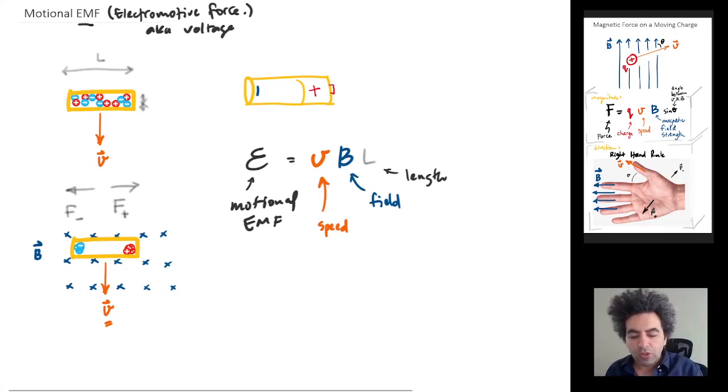And of course its unit would be the same as the unit of the battery, which is the electric potential, which has units of volts. It's electric potential energy per unit charge, so it has units of volts, which is equivalent to joules per coulomb.